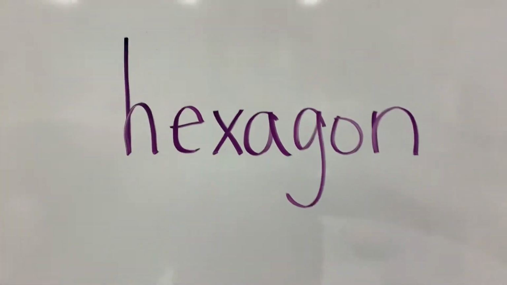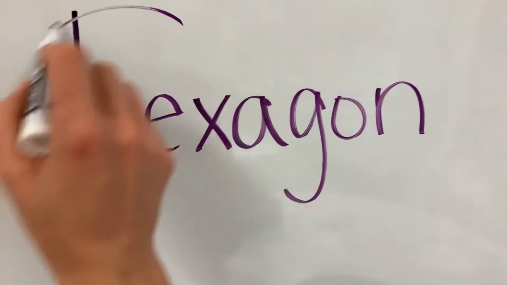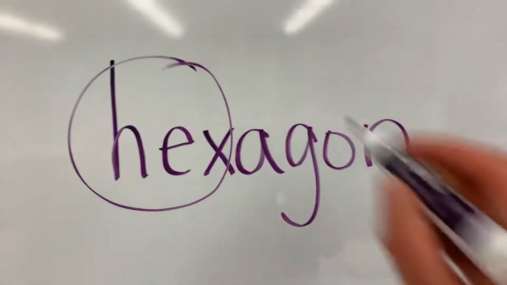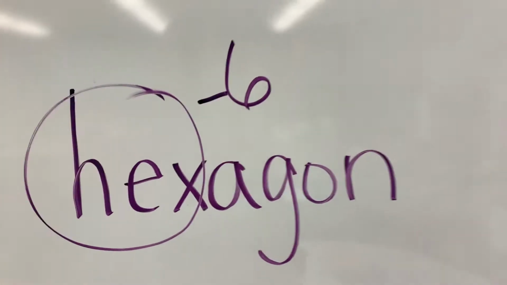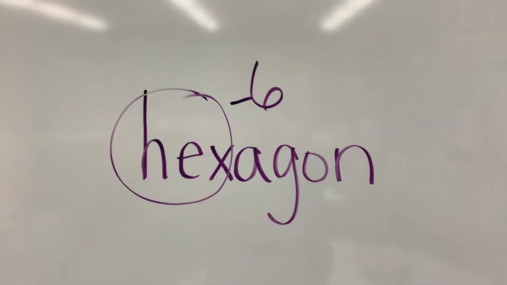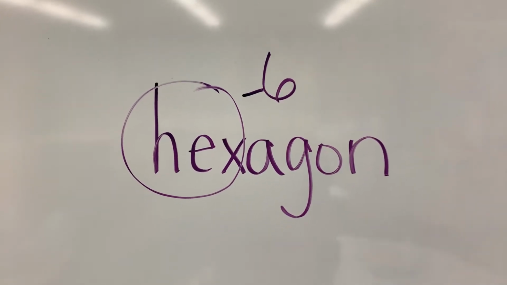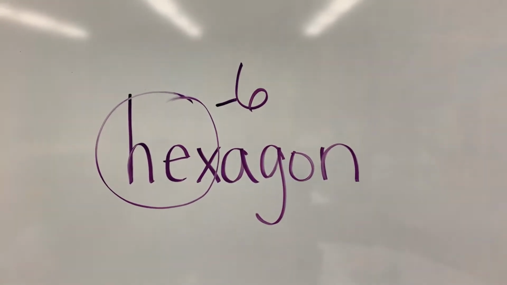That's how it looks, hexagon. And I want you to take a look at this H-E-X, the hex part. Hex means 6, okay? So if I have a shape with 6 sides and 6 points, I would call it a hexagon.